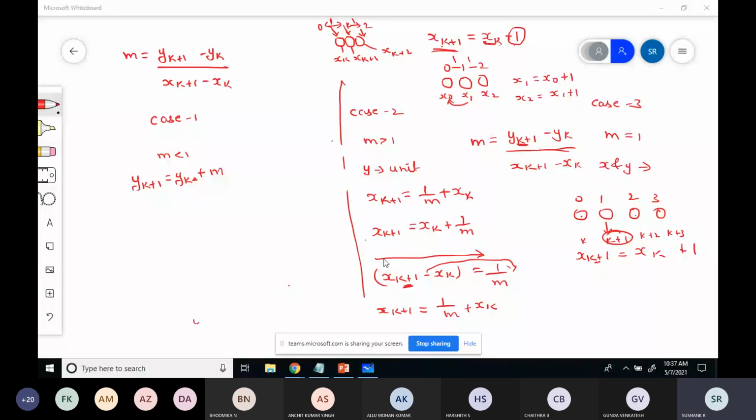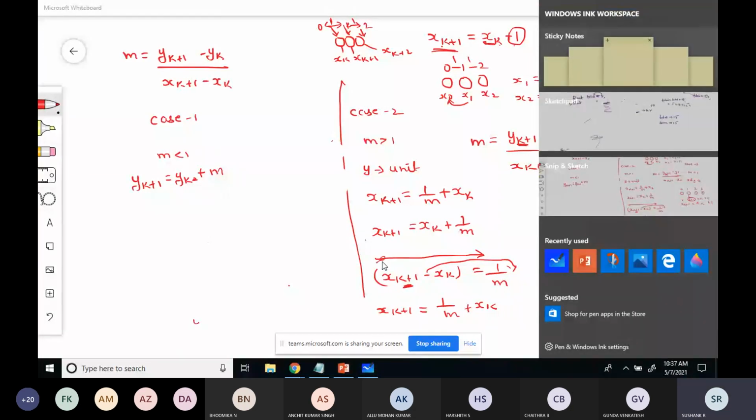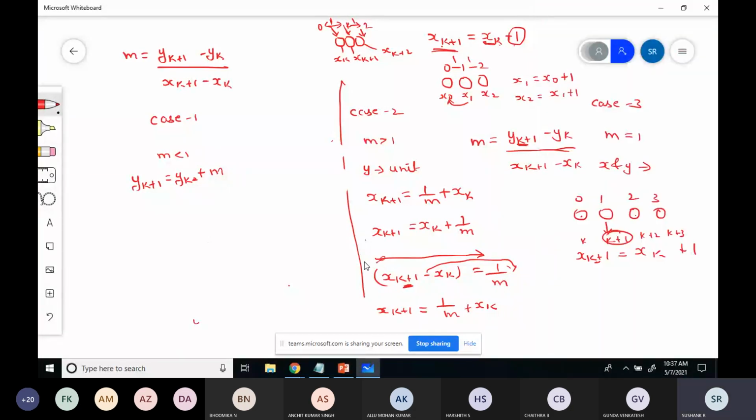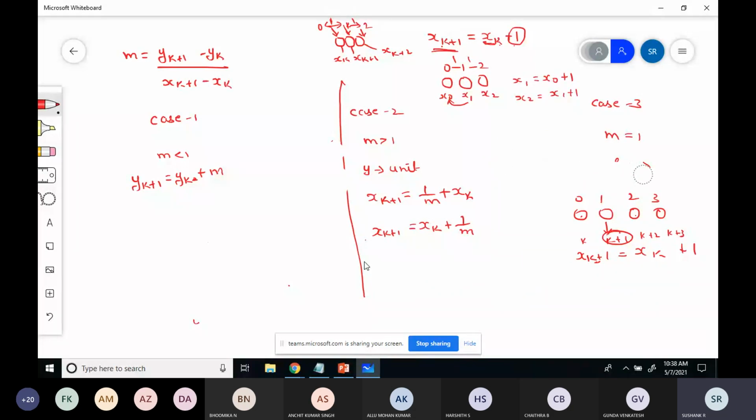So this is the equation. So see, till now we are studying only the maths part, but we'll solve the problem. Once we solve the problem, we'll understand why we were studying this.